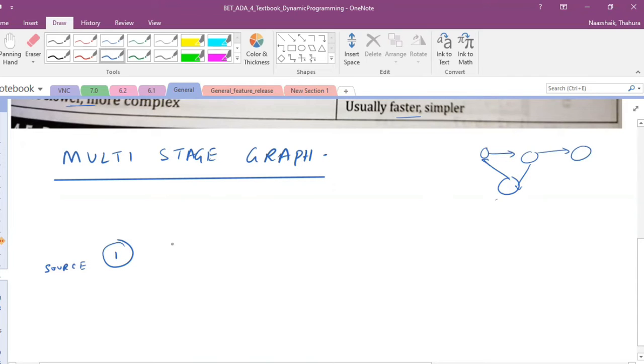But we call multi-stage graph as it has a proper source because always there will be one vertex out of which you will have edges coming out, right? This one vertex will not have any incoming edges. It will have only outgoing edges. So such a vertex is called a source vertex.